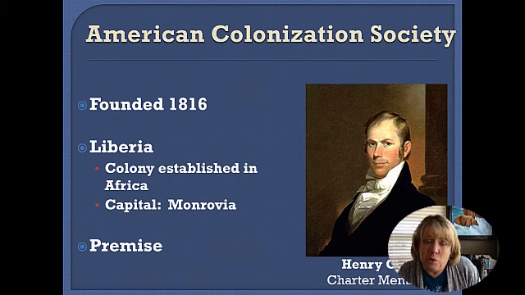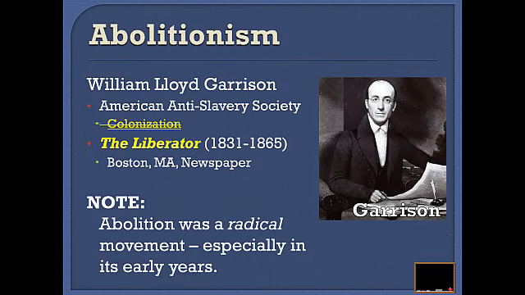The idea behind this, quite honestly, was that many of the founders of the American Colonization Society could not see a society where both black and white could live together. And so this was their solution. But it wasn't about abolition. It was about dealing with the freedmen who already lived here.